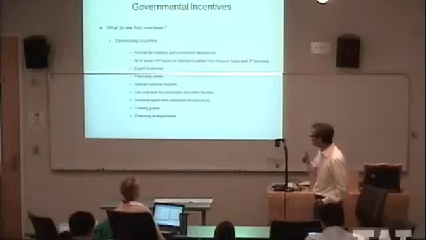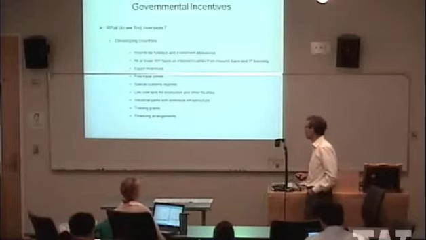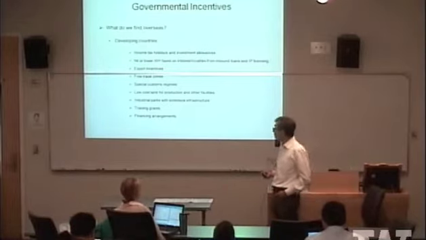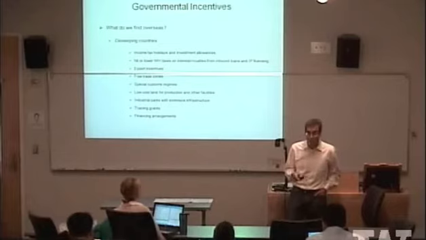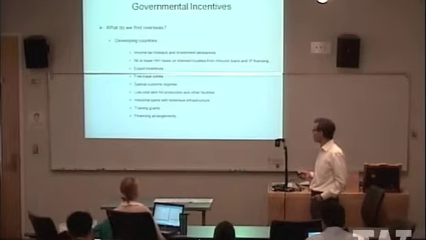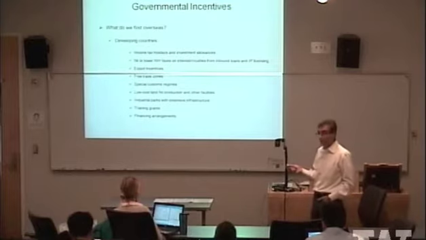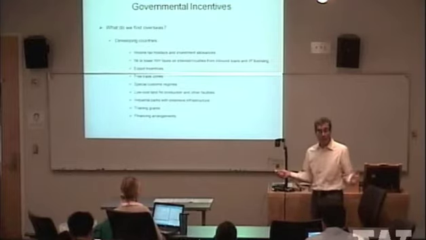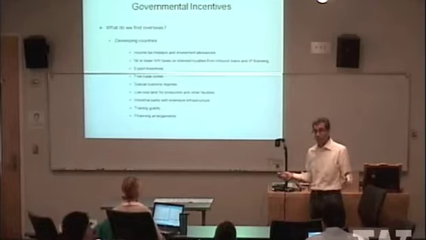Okay, so what do we find overseas? Well, we find a lot of the same things that I just mentioned for here, but typically in various countries we find income tax holidays and investment allowances. A holiday is normally, let's say, zero tax for 5 years.